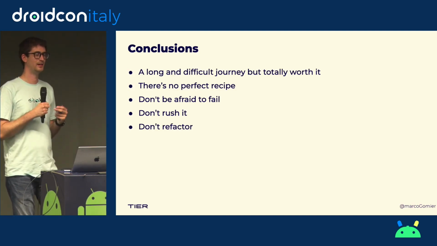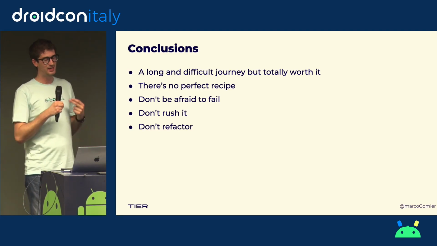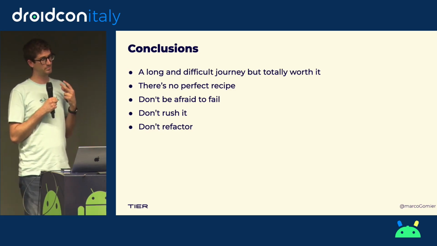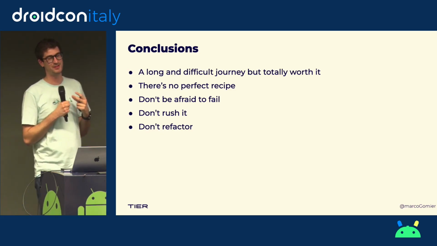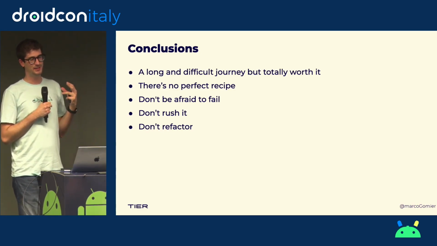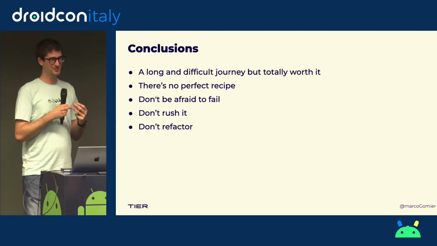Another thing that is very tempting, because you're checking old code: don't refactor the code that you see during this process. It's tempting, because you see it and think, oh, what's that?